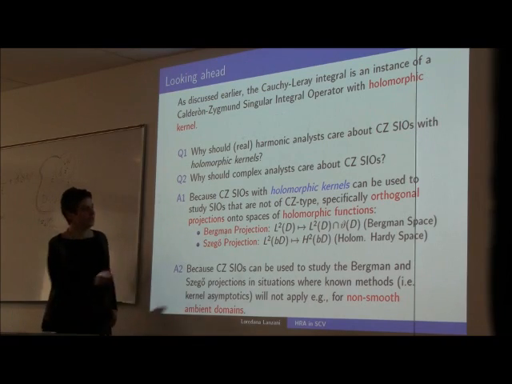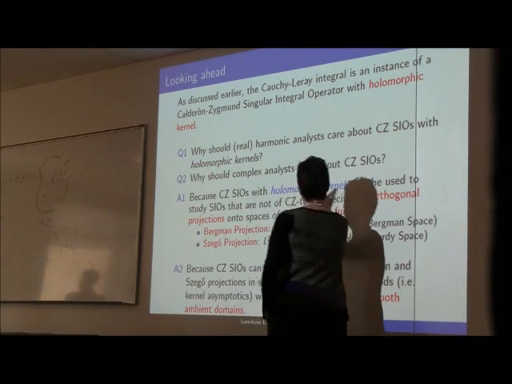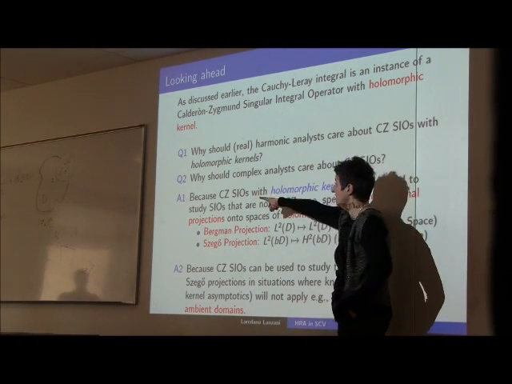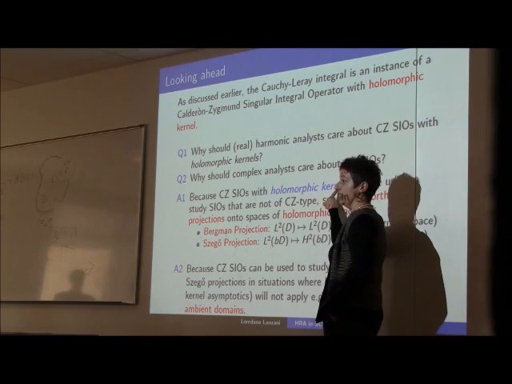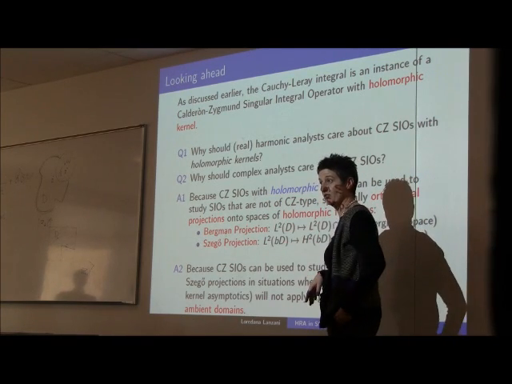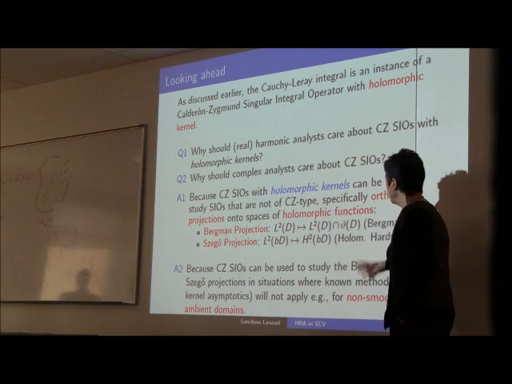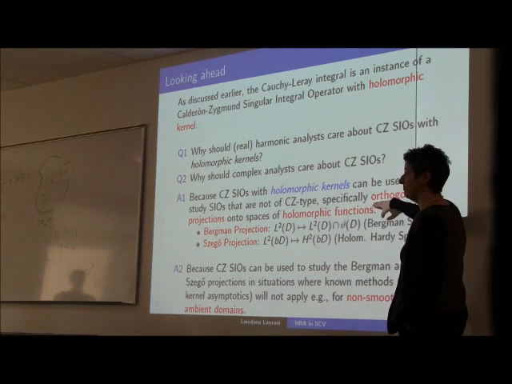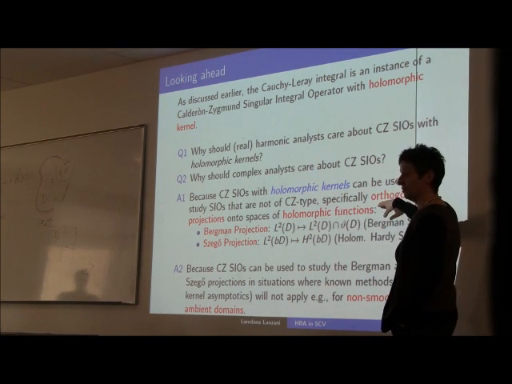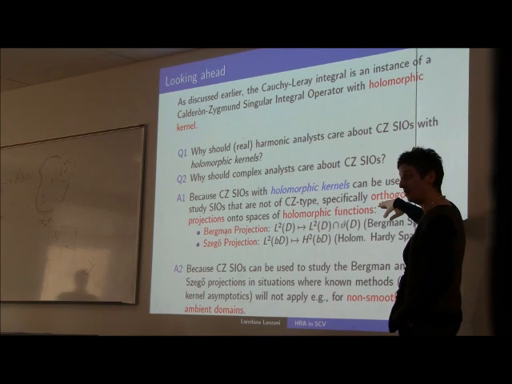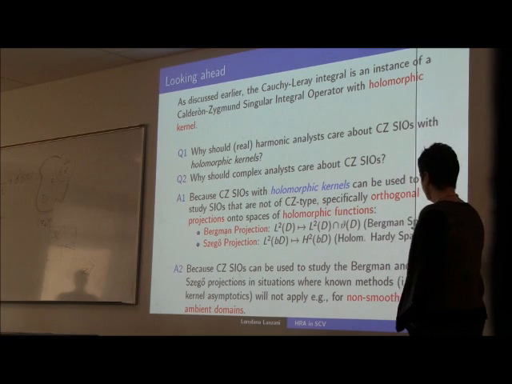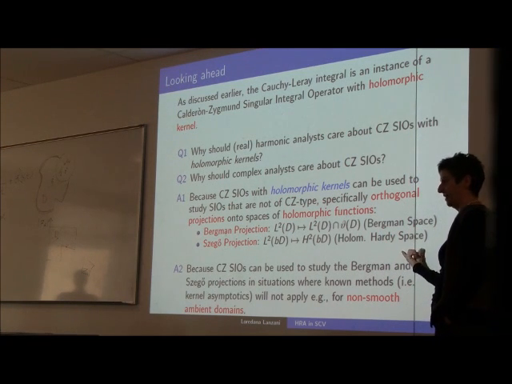If you specialize to a kernel that is not only Calderón-Zygmund but also holomorphic, such as the Cauchy-Leray kernel, you can use it to study operators that are far from being of Calderón-Zygmund type, in particular orthogonal projections onto spaces of holomorphic functions. I'm thinking of the Bergman space and Hardy space, for those of you familiar with this field.